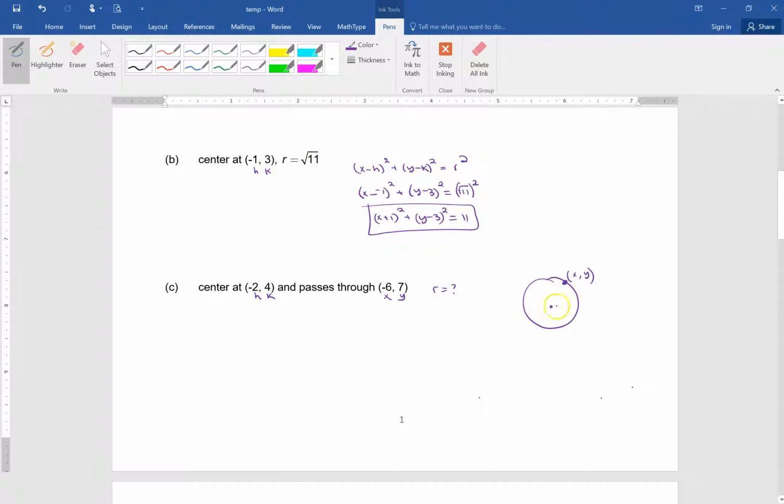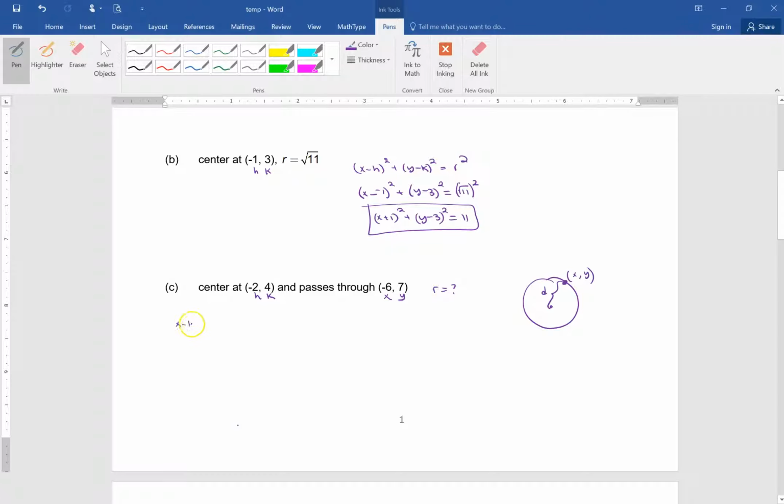All right, I have the coordinates of the center, and I have a point on the circle. How can I find the radius? Distance formula. You can do that too. In fact, let's do it that way.